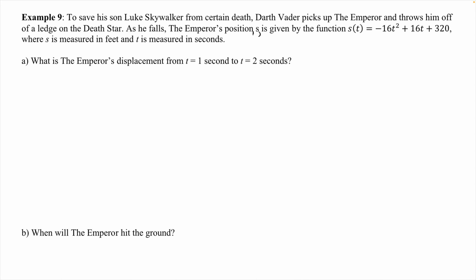Okay, so first question. What is the Emperor's displacement from 1 second to 2 seconds? We haven't seen that word. It's in the first page, we just haven't seen any questions with it. What is displacement? How far from where you started?